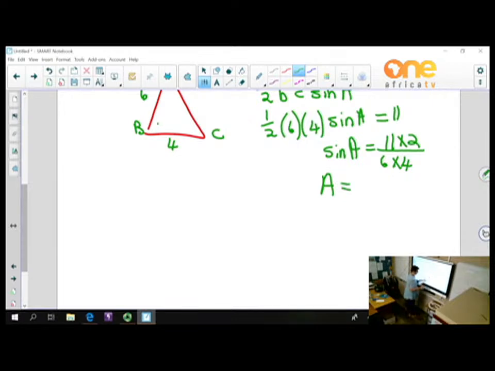It's A now. And A is 66.4 degrees. Again, it could have been an obtuse angle. It might have been that obtuse angle there. So 180 minus that, and the other possibility is 113.6 degrees that we have there.